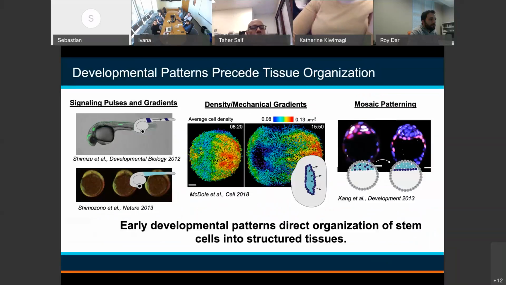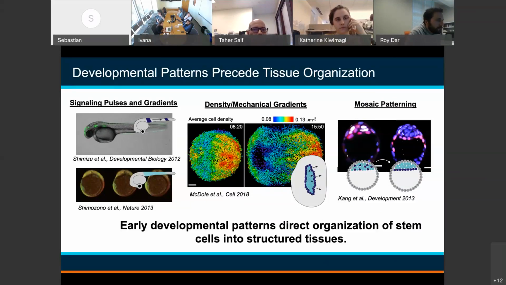Developmental patterns actually precede tissue organization at every step of embryonic development, and also well into adulthood. And there's a wide range of different patterns that give cells spatiotemporal information for where to go and how to differentiate.